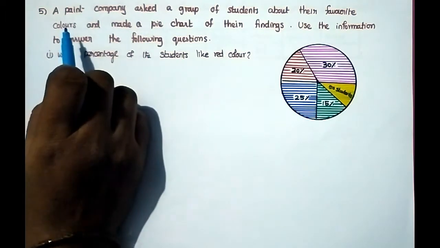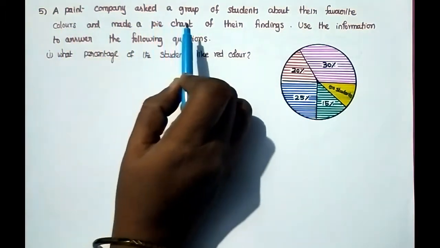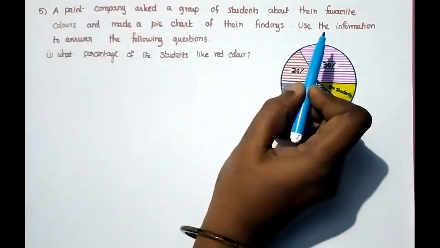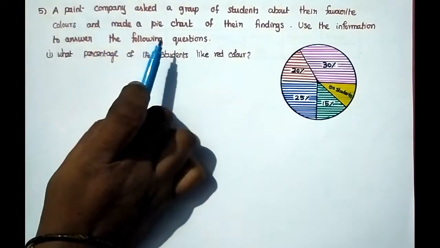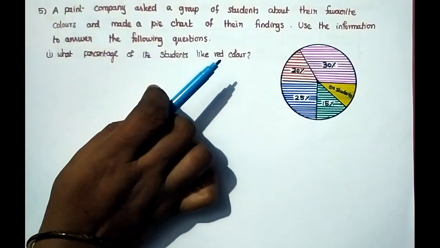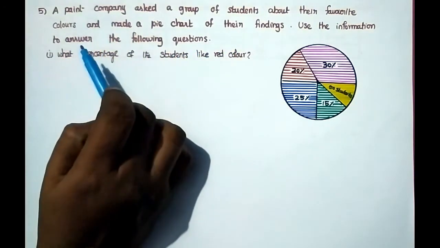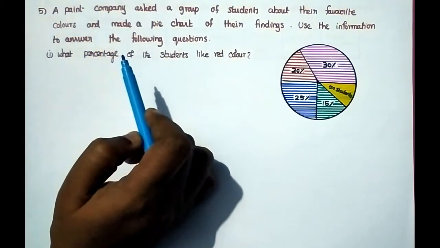Fifth question. A paint company asked a group of students about their favorite colors and made a pie chart of their findings. Use the information to answer the following questions.